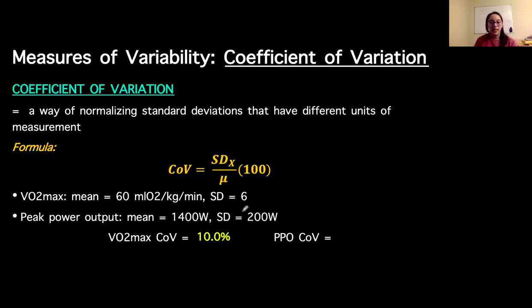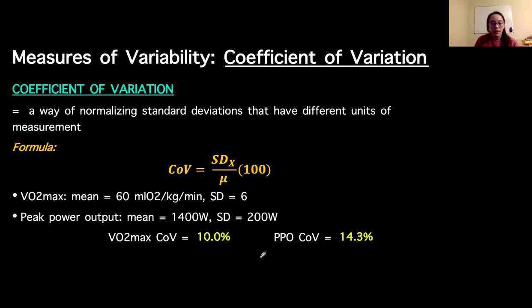And then if we did 200 divided by 1400, right, that would give our power output a coefficient of variation of 14.3%, right? Obviously, we're multiplying by 100 to get the percentage.